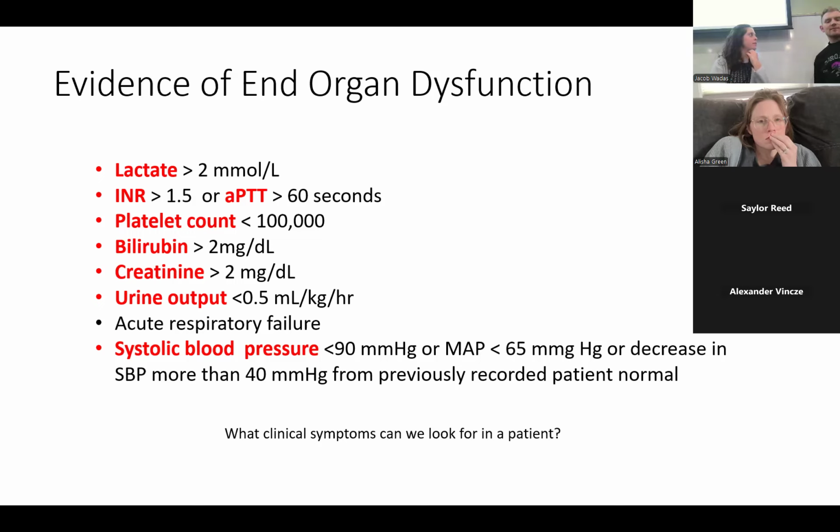I was thinking more distributive. Yep, because we're going to have that really big decrease in preload as well. So both answers would work, right? If you're having less preload, your stroke volume is going to decrease. So your heart is going to be pumping more to try to get more blood through, so it's going to keep pumping and increasing the heart rate.